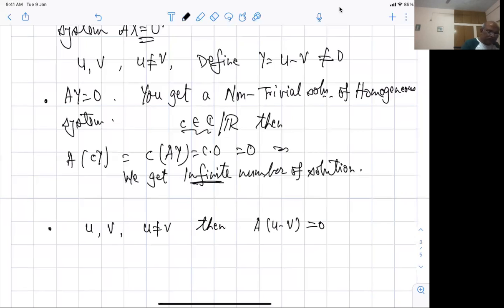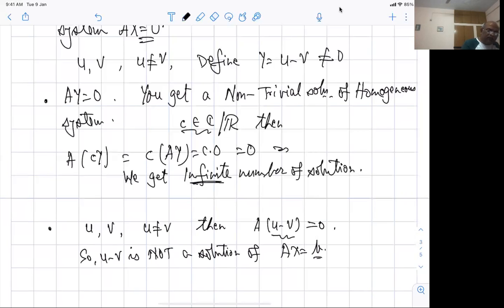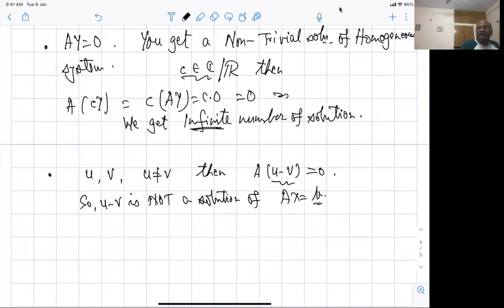So U minus V is not a solution of Ax is equal to B. In place of U minus V, I can look at the line. Well, U minus V is a vector, fine. So I can also look at this vector collection, alpha times U plus 1 minus alpha times V, alpha belonging to R or C, wherever you want to look at.